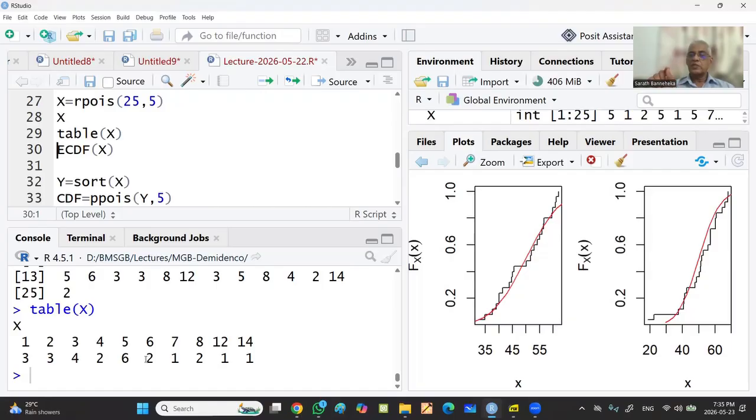At the first one here, the empirical cumulative distribution function value at x equal to 1 will be 1 over 25. At the second one, still x equal to 1, the value will be 2 over 25. At the third one, the value will be 3 over 25.